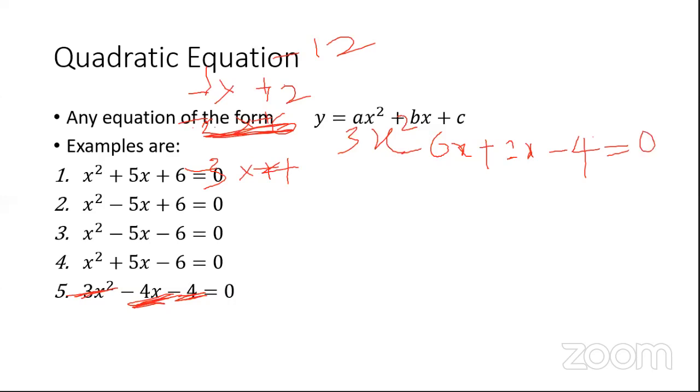In this case, we realize that 3 is common in the first two terms, and 2 is common in the last two terms. So bring them out. 3x is common into brackets, and we have x left.